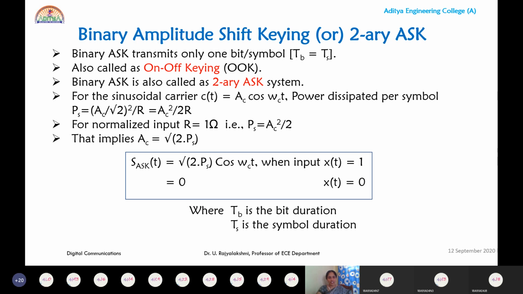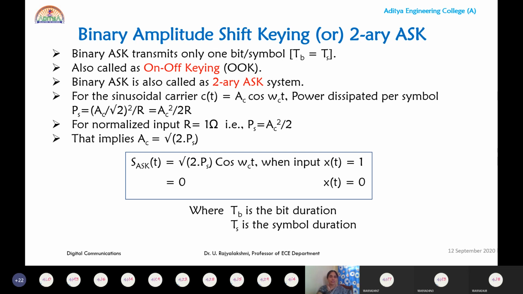This is the expression for ASK in terms of power dissipated per symbol. It exists only when x(t) is 1, that is, when the input is 1. When the input is 0, this signal doesn't exist. That's why it is called on-off keying. So the ASK technique is also called binary ASK or on-off keying technique.